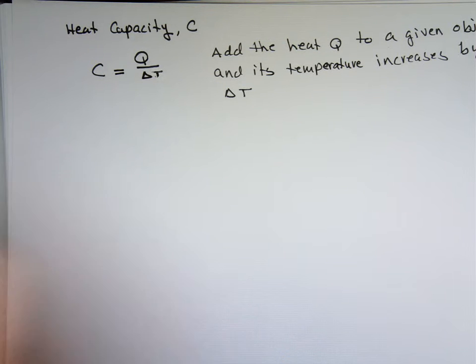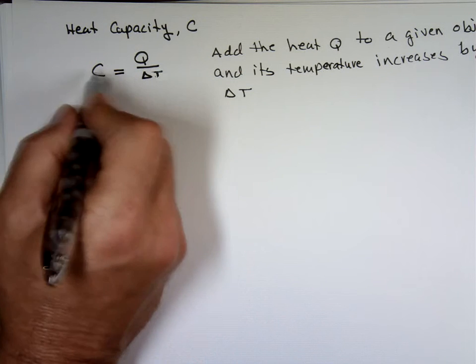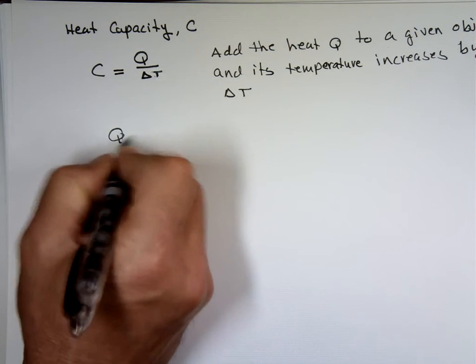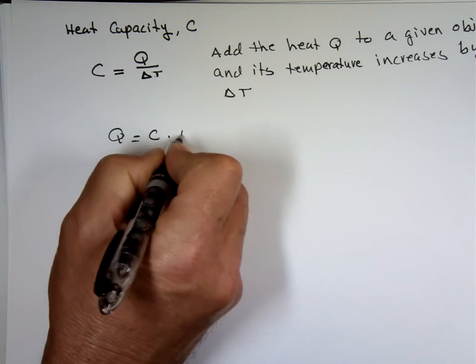We'll tell you how we calculate how much heat was added in a few minutes. So if you look at that equation mathematically, it says Q equals C times delta T, change in temperature.